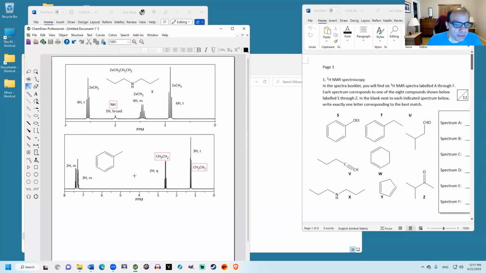If one of the hydrogens on benzene is replaced with something else, then that leaves 5 hydrogens left over. And they often find themselves in a 3-to-2 ratio. The 3 hydrogens of type A are here slightly upfield of the 2 hydrogens of type B.